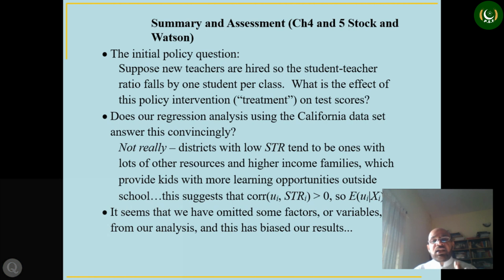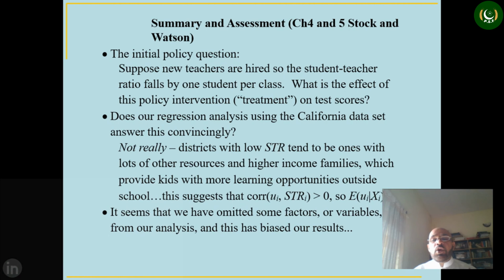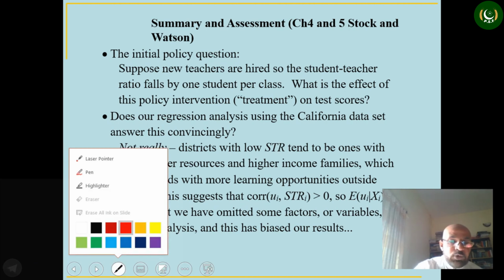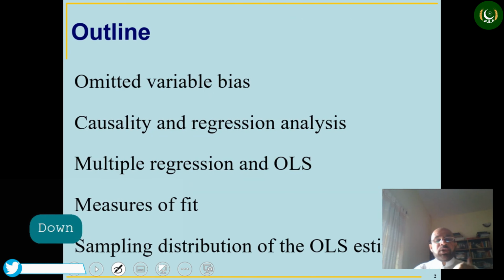If some variable affects both and is not included in the model, this may lead to correlation between student-teacher ratio and u, which means the expected value of u given x will not be equal to 0. That's what we call omitted variable bias.